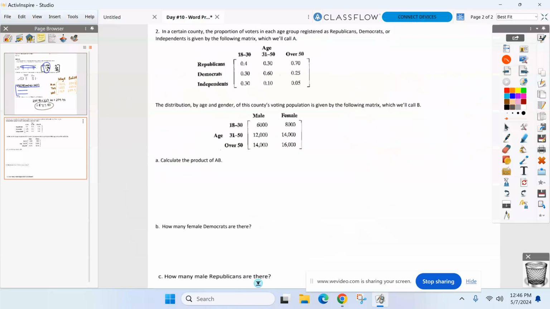We'll call the first one matrix A, the second one matrix B. How many Republicans, Democrats, and independents we have. So go ahead and I'll let you do your show right now.